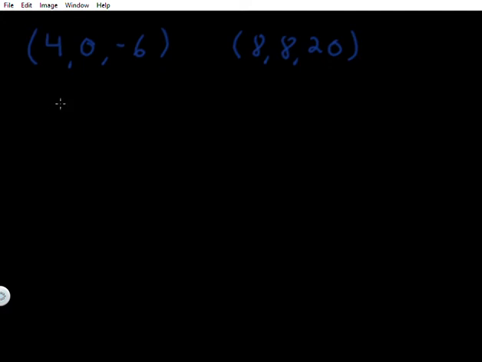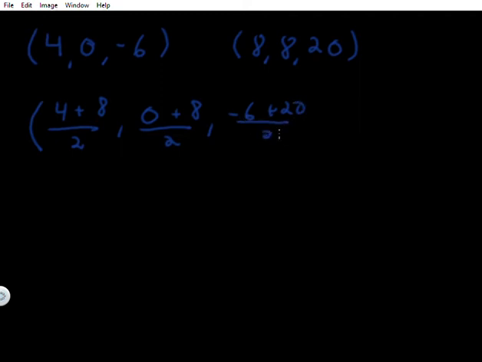So to do this, remember our formula from before. It's just as simple as adding up these two and dividing by 2, adding these two up and dividing by 2, and adding the z components up and dividing by 2. So the midpoint would be (4 plus 8) over 2, comma, (0 plus 8) over 2, comma, (minus 6 plus 20) over 2, which is 12 over 2, a 6. 8 over 2 gives you a 4.